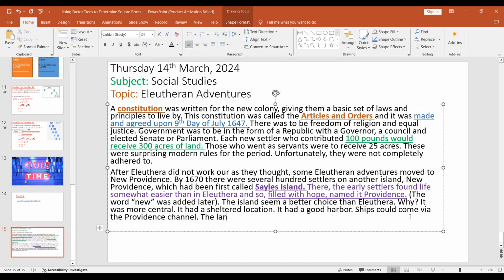The land proved good for farming, and the seas were good for fishing.